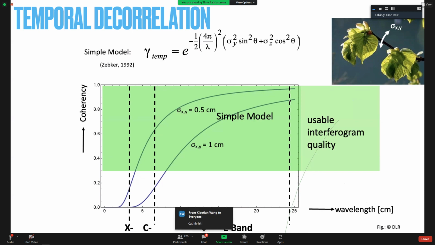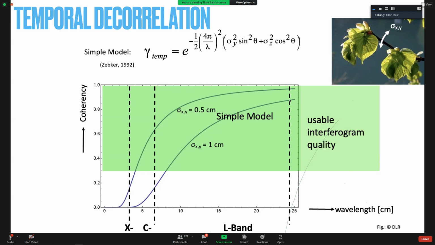There's another part of it which is not on that slide because it's just a simple model. If you have very large wavelengths, you are also not really looking at these very small targets, at these very small twigs. You will rather be reflected from the stem of the tree in that example, right? Which will also move less.